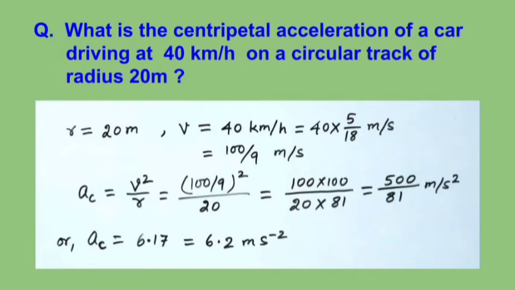The radius r is equal to 20 meter. v is equal to 40 km per hour, which is equal to 40 into 5 by 18 meter per second, which comes out equal to 100 by 9 meter per second. The centripetal acceleration ac is equal to v square by r, which is equal to 100 by 9 whole square by 20. After calculation, it comes out equal to 6.17 or 6.2 meter per second square.